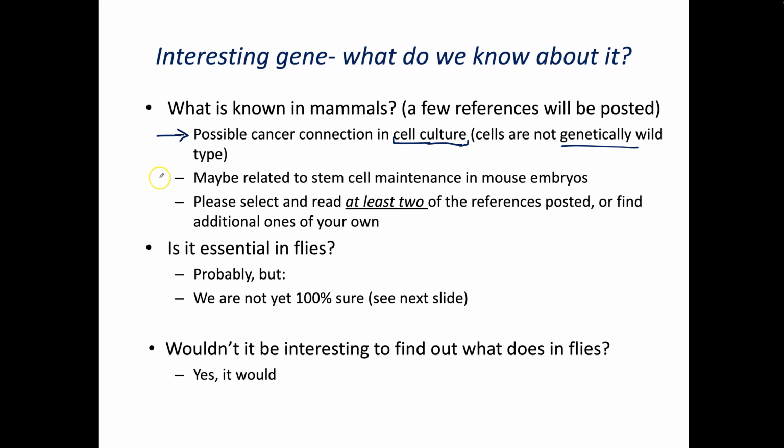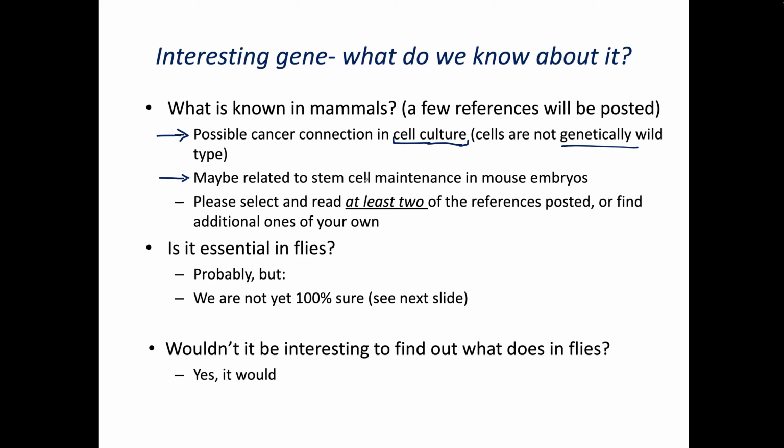Okay. Now there's some work that's been done in mice. You'll see in one of the papers that it seems to be related to stem cell maintenance in mouse embryos. So if you mutate DMAP1, it alters the ability of those stem cells to be maintained. Stem cells, as most of you probably know, are undifferentiated cells that can be used, for example, in healing, in production of gametes. In your body, you have stem cells in a number of your different tissues. So think about skin.